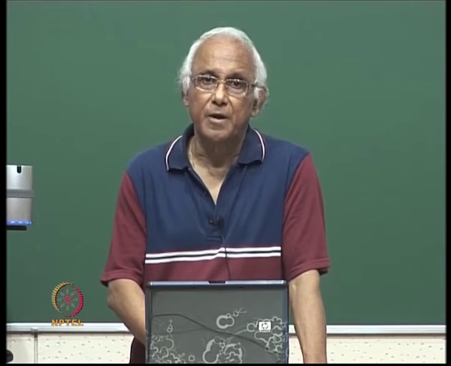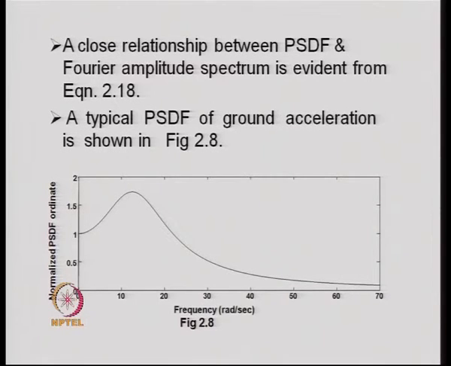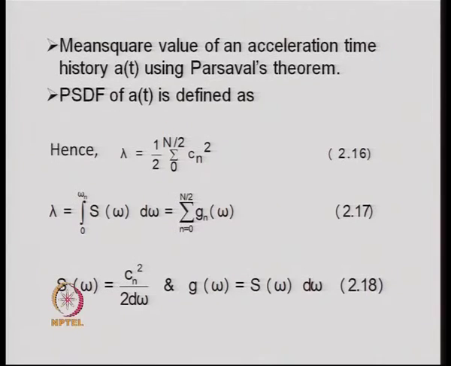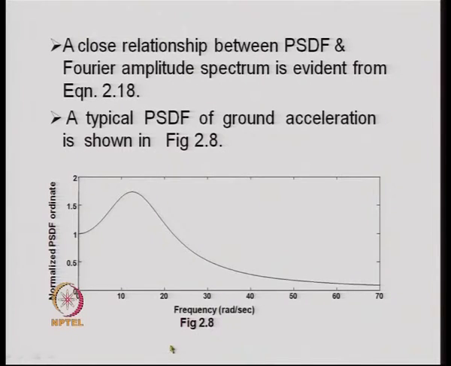We perform an FFT, and from the FFT we take the real term square plus imaginary term square at every frequency up to the Nyquist frequency, and with the help of that information one can obtain the power spectral density function ordinate using this equation, that is, S(omega) is equal to C_n square divided by 2 d omega. A typical PSDF of ground acceleration is shown in this figure.